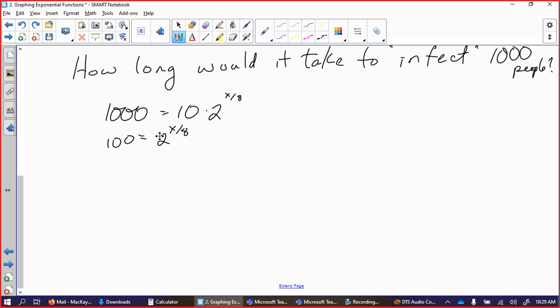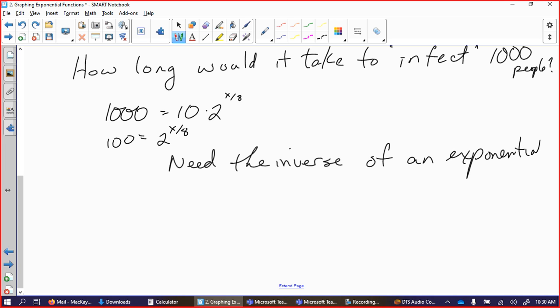And this is the problem with exponential functions and where we need to go next. To solve this problem, you need to be able to do the inverse. If this was x squared, that's easy, we take the square root. But this is not something we've come across before.